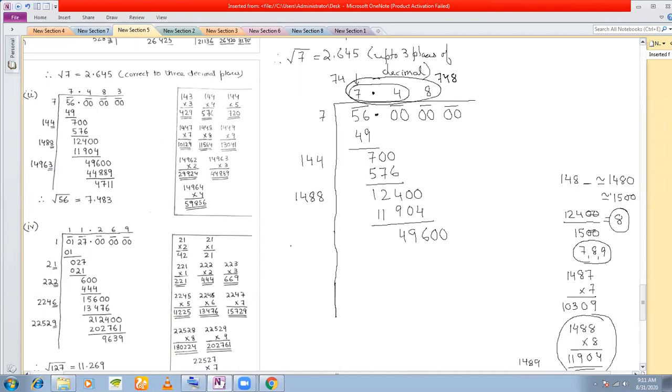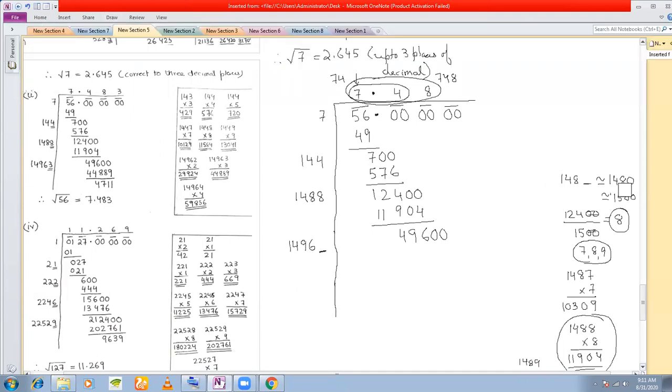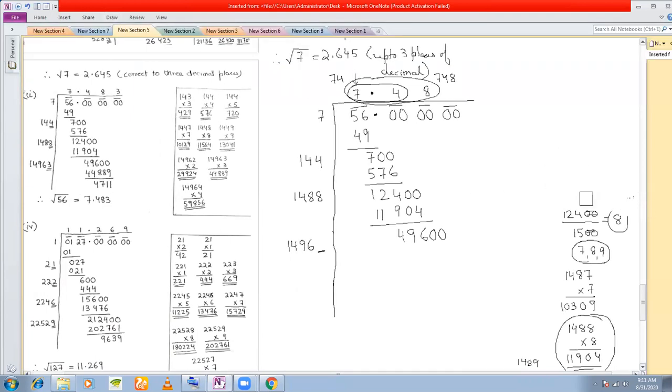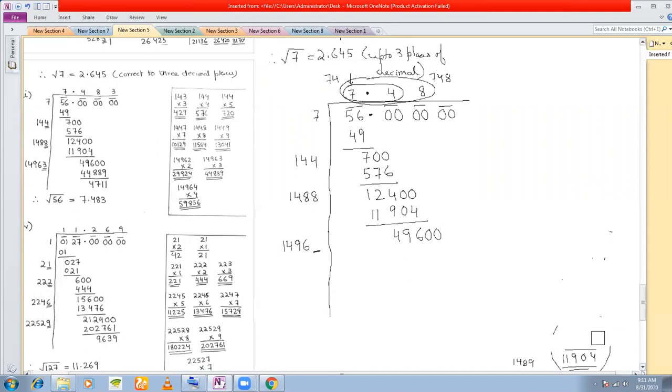So you double 748 to get 1496. And now again we have to place a digit here. Again, the idea of approximation: how to take a calculated guess on which digit should be here.